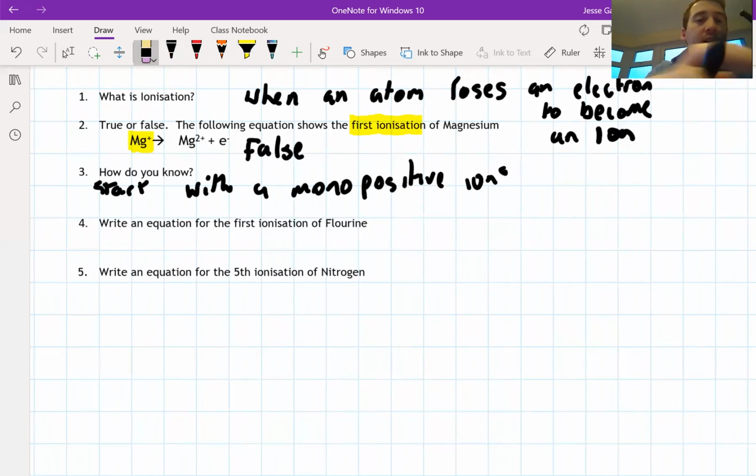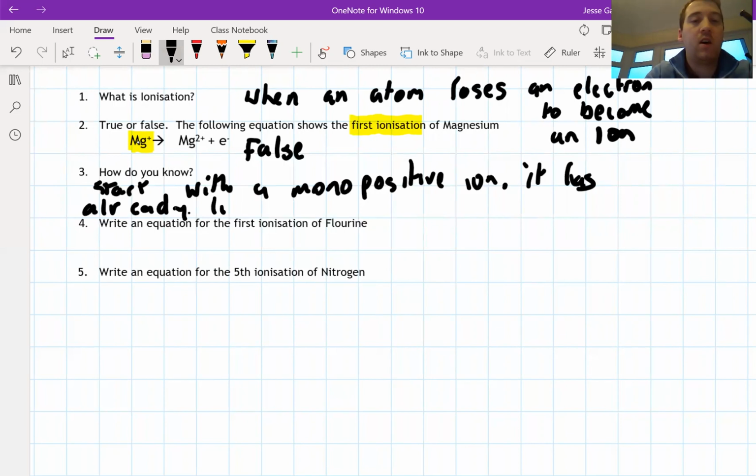This monopositive ion has already lost one electron, so it can't be the first ionization.